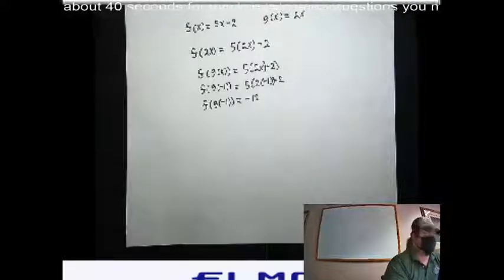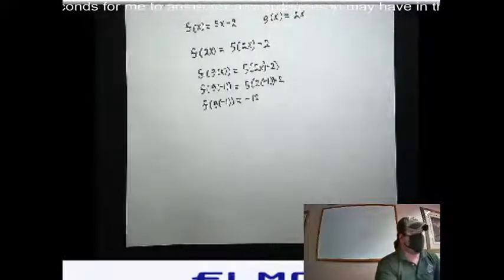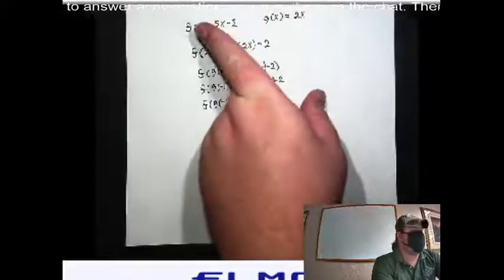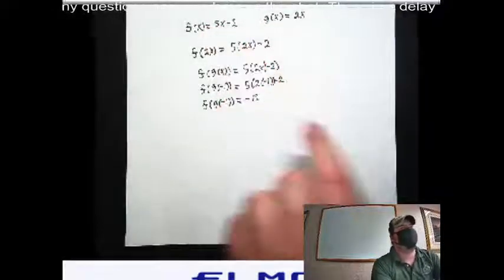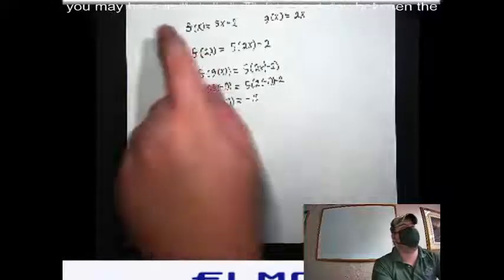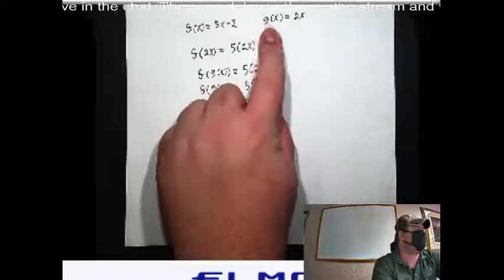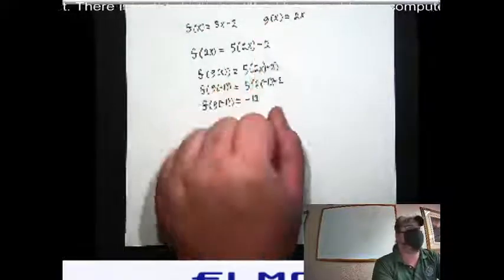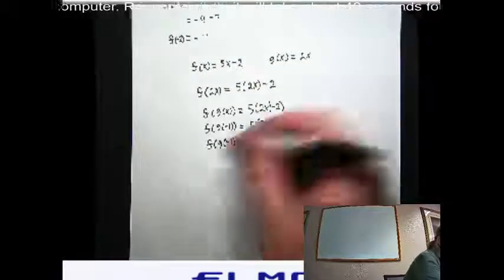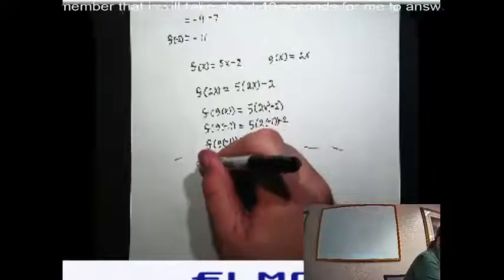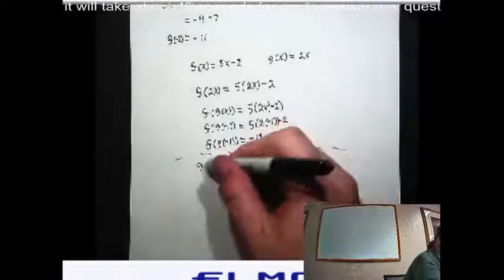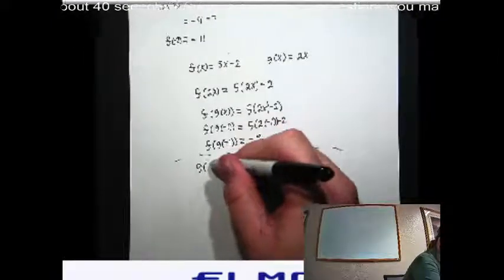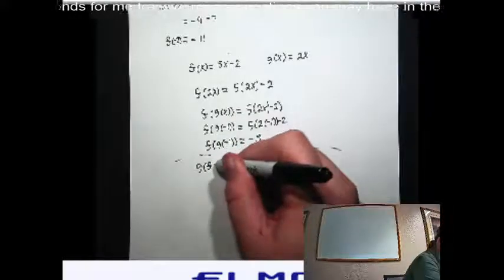Okay, now here's a question for us. I put g into f. Will I get the same result if I put f into g? Well, let's find out. So instead of taking this one and putting it in here, let's take this one and put it in here. So this will be g composed of f of x.